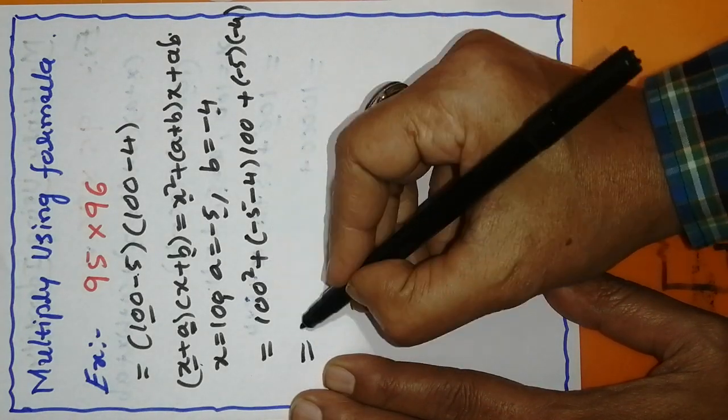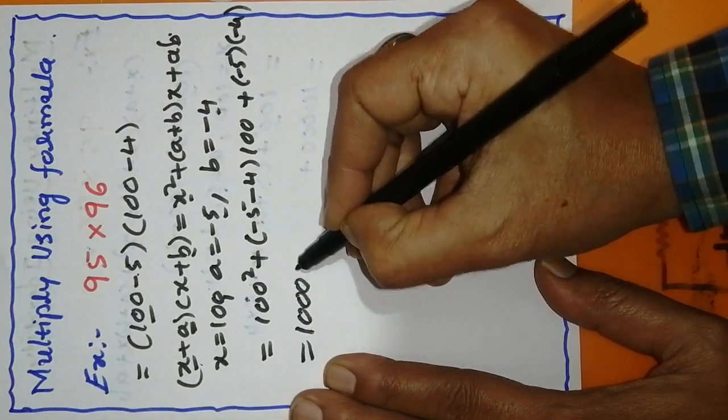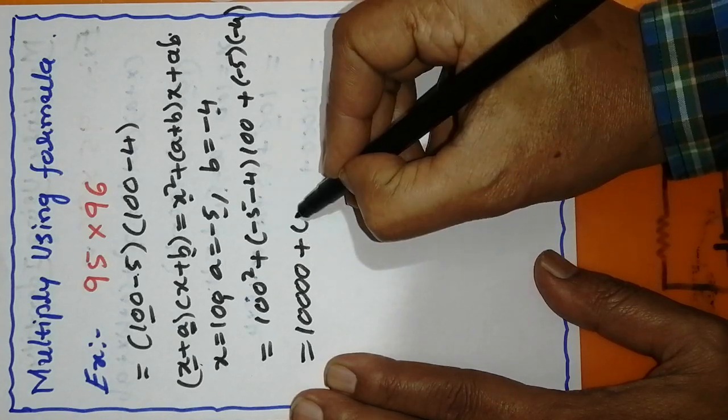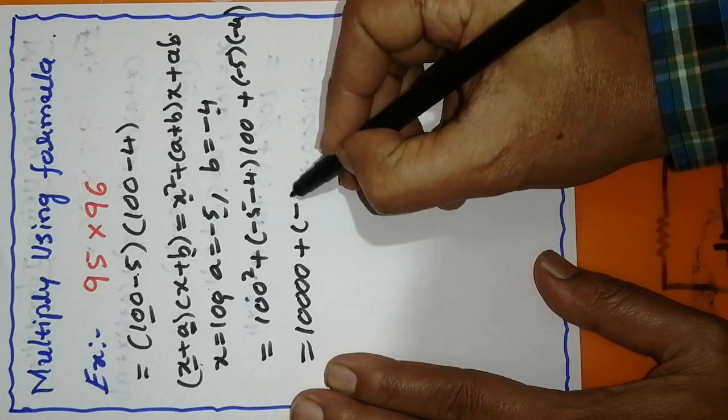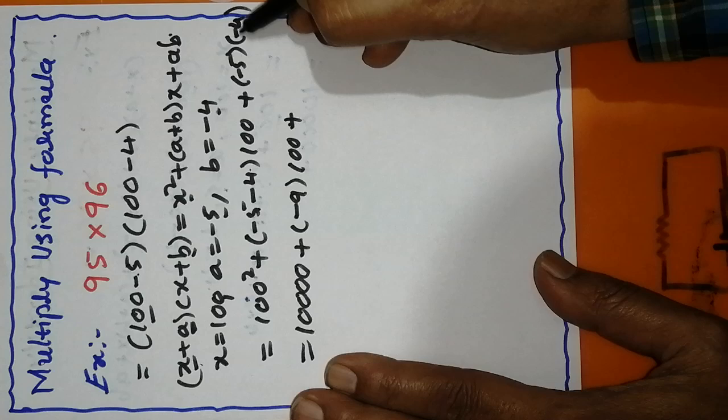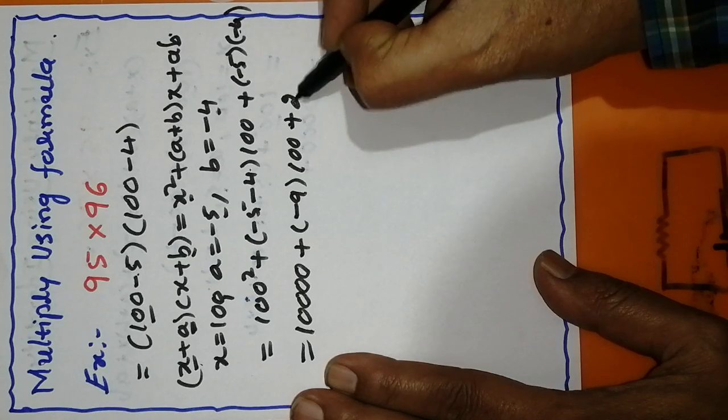This equals 100 square is 10,000 plus (minus 5 minus 4, adding these 5 plus 4, minus 9) into 100, plus minus minus plus, 5 4s are 20.